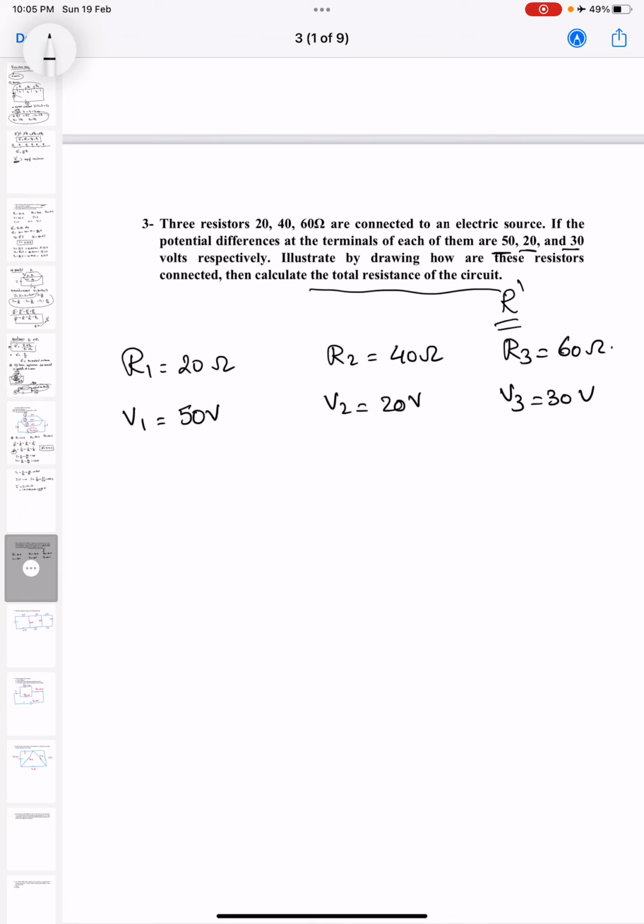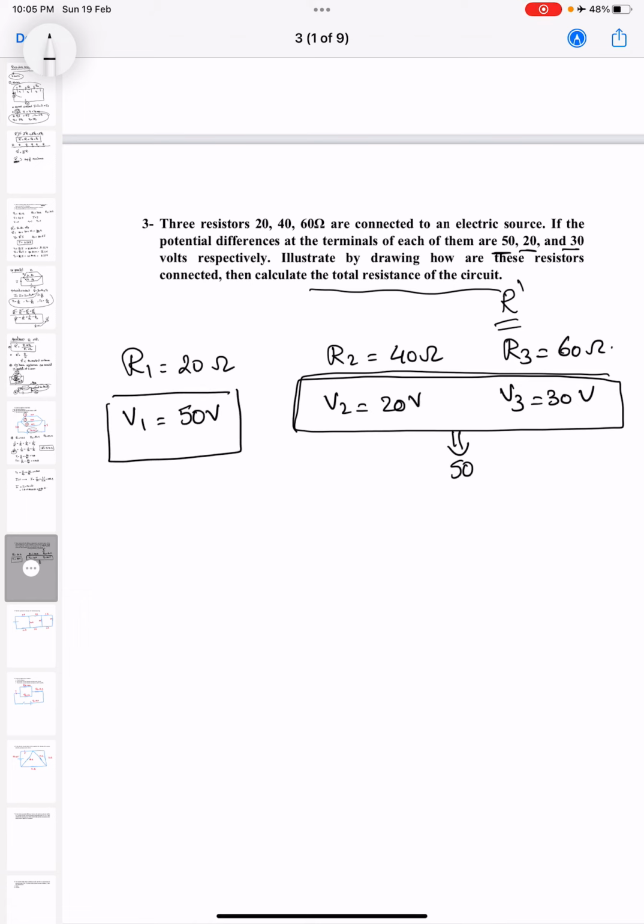In the problem, it's not clear how the 3 resistances are connected, but we can see something good. What? The summation of these two potentials equals 50, equal to V1.